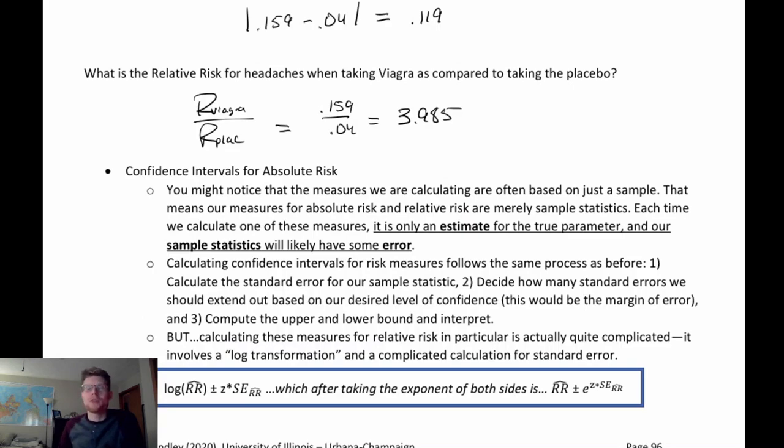However, relative risk is a little bit different than a confidence interval for, say, a mean, and that's because calculating the standard error is going to be a little bit complicated. One thing that's going to take place here is that measures like relative risk are on a scale from 0 to positive infinity, with 1 being the center of that interval.